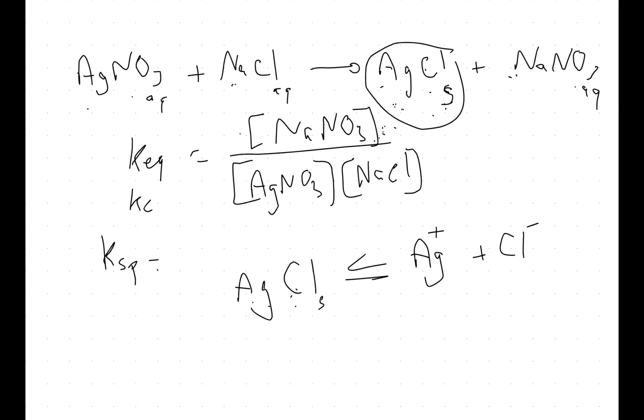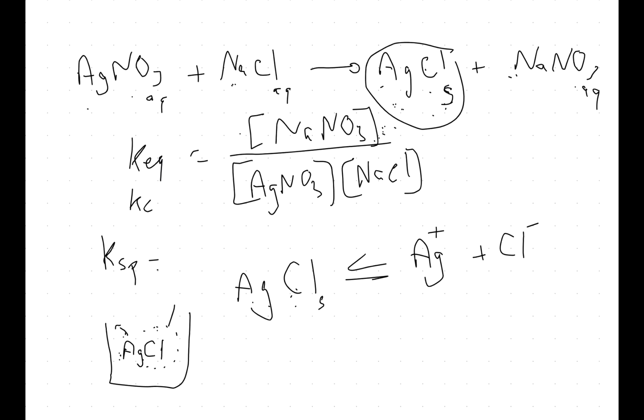In a solution, silver chloride is in this form. Water will come to surround the chlorine ions and take them away, and water will come to surround the silver and take it away.